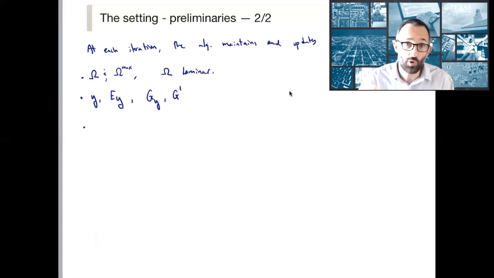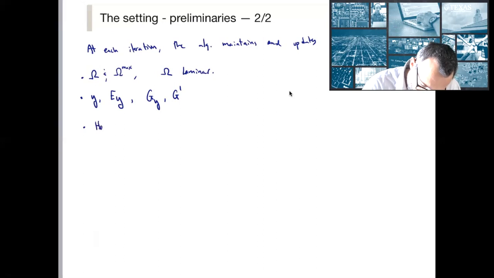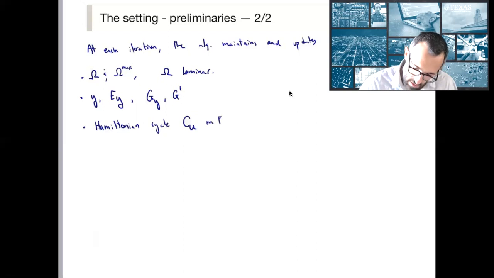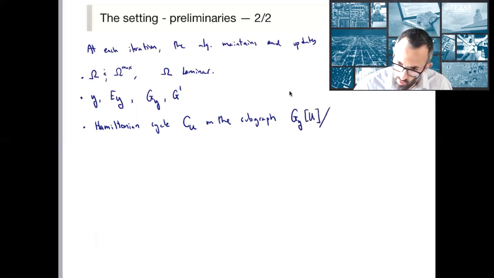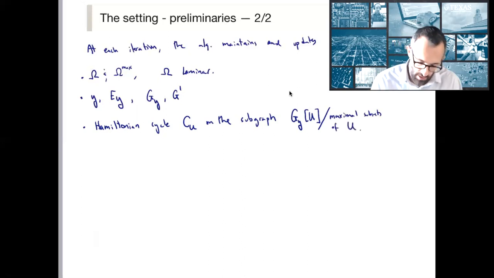And it also, and this is critical for expanding back, once we want to find a perfect matching in the full graph, given a matching in the restricted, in a contracted graph, we maintain a Hamiltonian cycle Cu on the subgraph that's Gy of U, but where I shrink the maximal subsets of U.